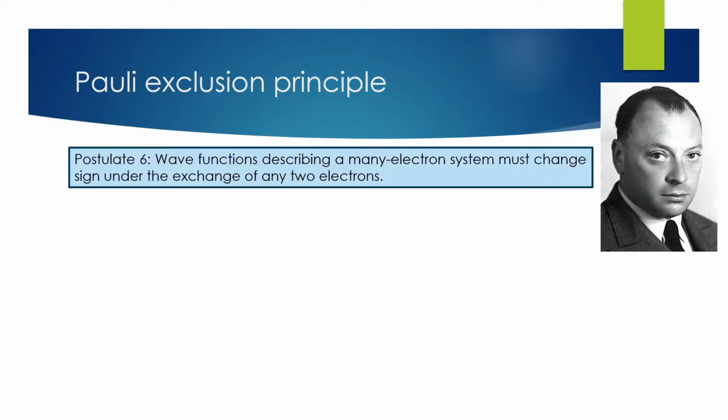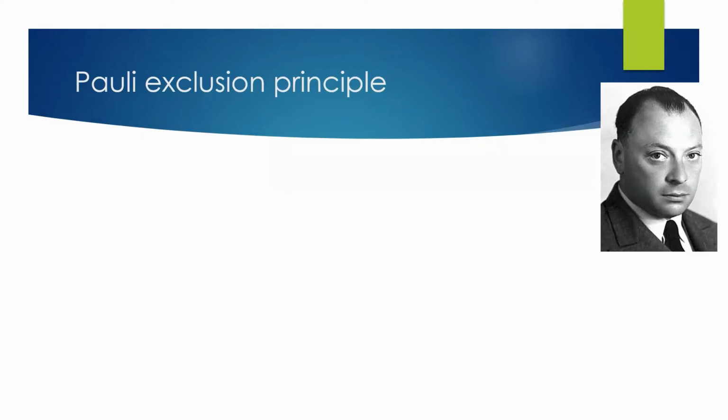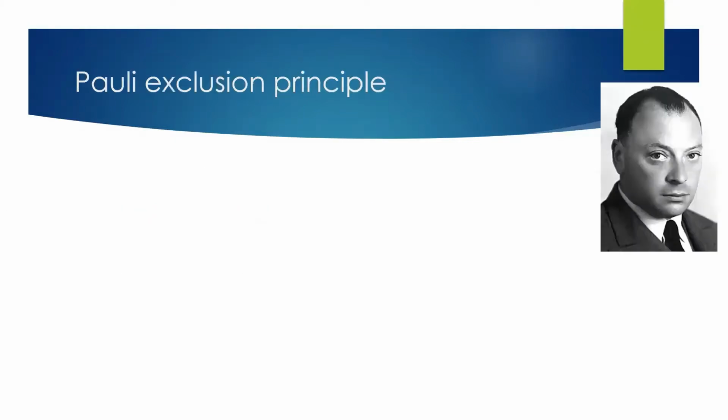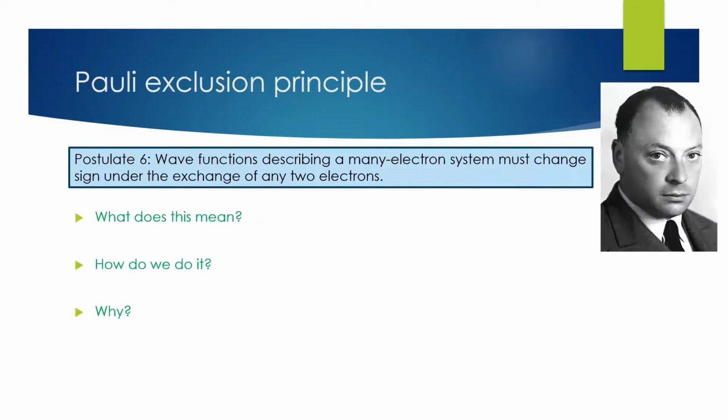And what does that mean? Well, if we go back one slide, that means that we have to have this anti-symmetric wave function. Symmetric wave functions will not provide good solutions to our Schrödinger equation. We have to have anti-symmetric wave functions. They have to change sign. Now, how can we do this?